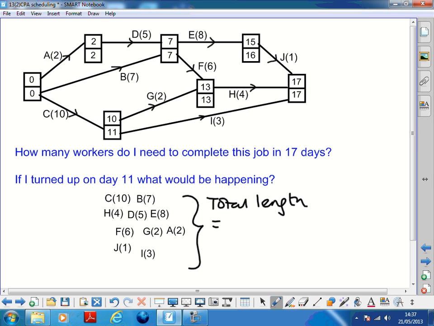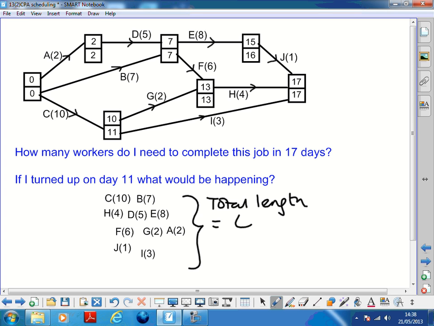Okay, let's get a calculator. So it's 10 plus 7, plus 4, plus 5, plus 8, plus 6, plus 2, plus 2, plus 1, plus 3, yeah, 48.